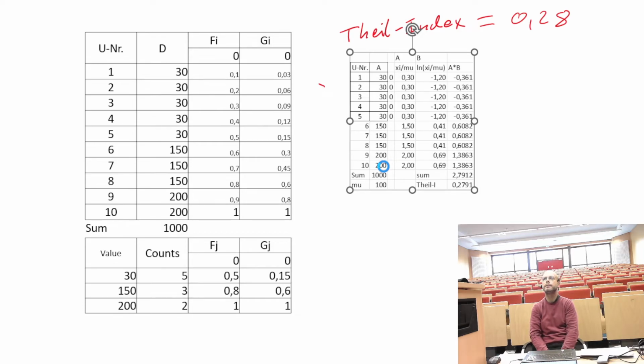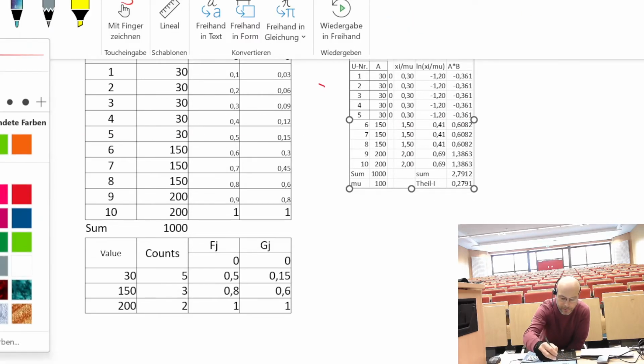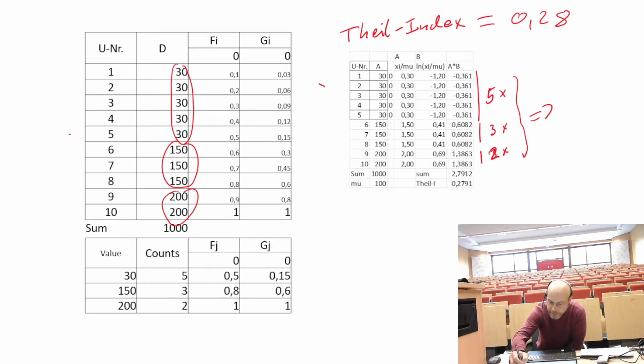Okay, and of course what you see here is that you can shorten your calculation if you realize that you have here 5 times the same firms, here 3 times and 2 times. Then of course you can also calculate 5 times this, 3 times this, and 2 times this, and then sum up.